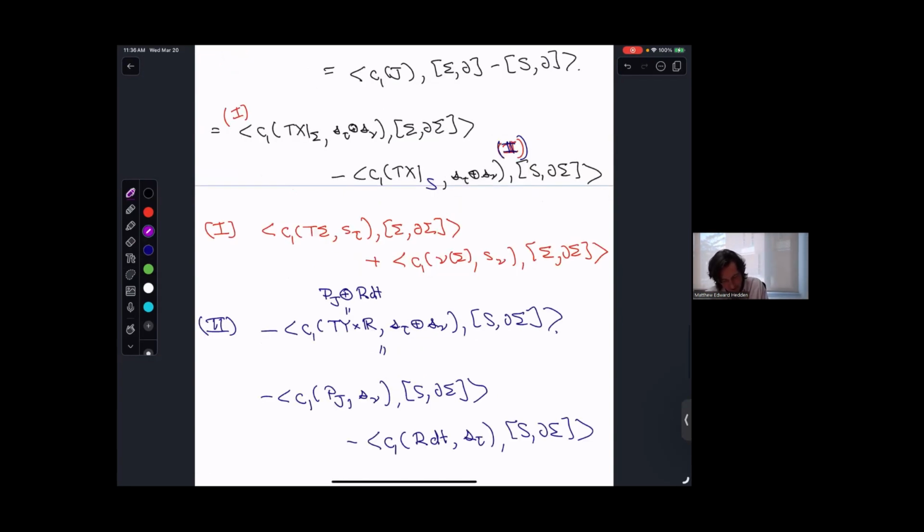And now we can think about what all these terms are. This term is just the Chern class of the tangent bundle of sigma evaluated on sigma, so this gives us the Euler characteristic term. This term is the relative Euler class of the normal bundle to sigma relative to a framing on the boundary given by the Seifert surface nu.